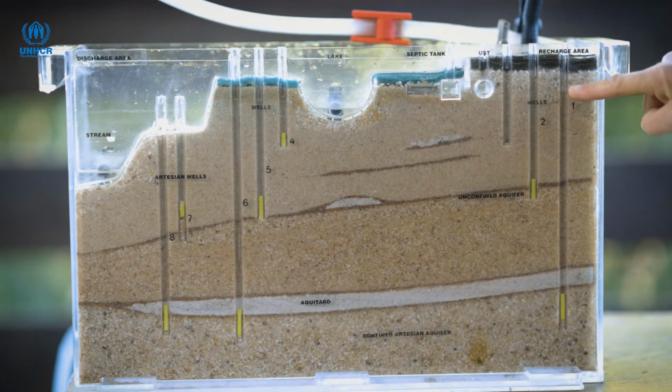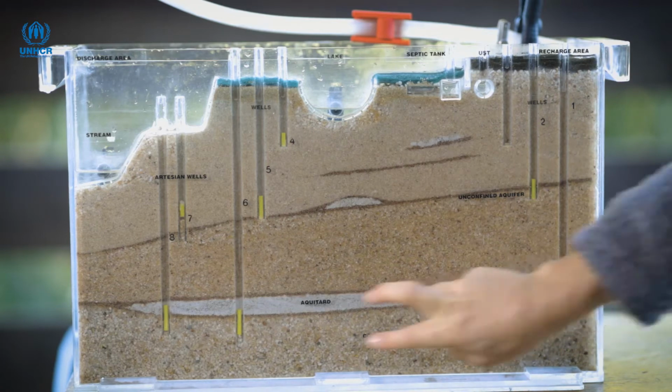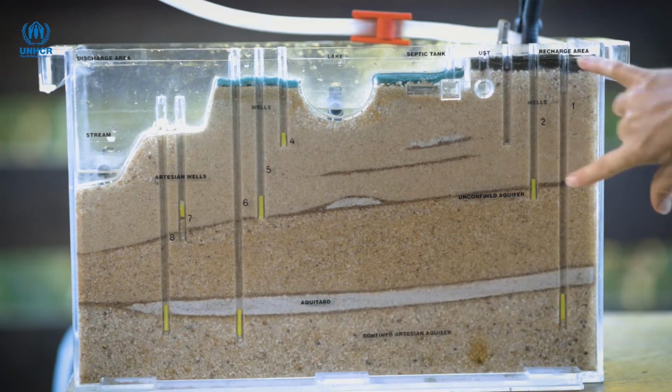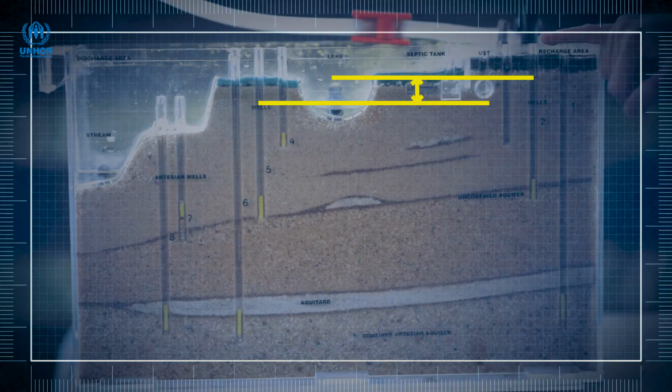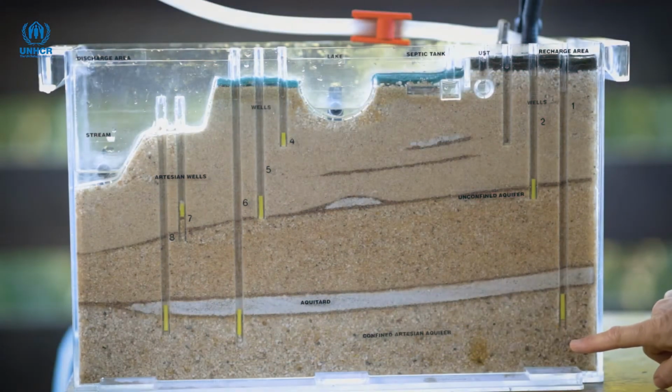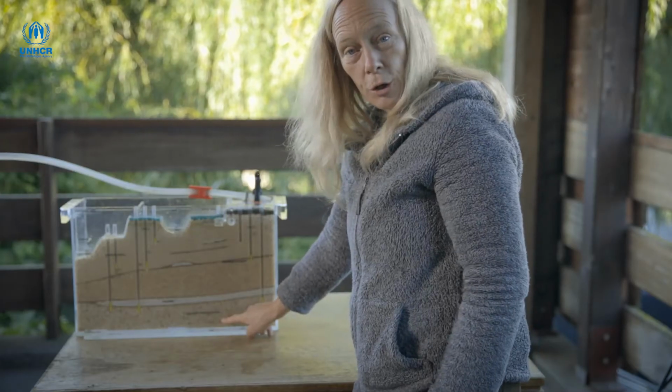Why is the height difference smaller for these 2 wells rather than for these 2 wells? The reason is that the energy losses in this lower layer are smaller because the material is coarser. So there is less energy lost while it is flowing in this direction.